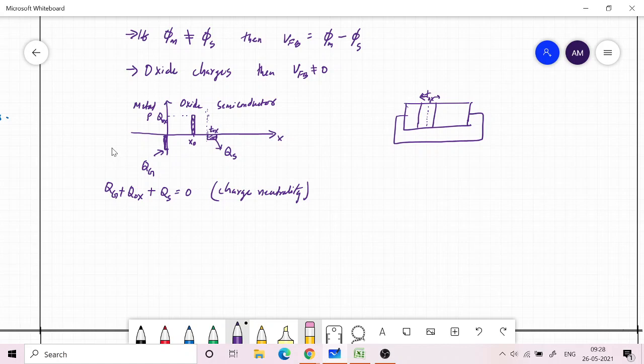Now if I proceed, I don't know how much is QG and how much is QS. I cannot say that they are equal, or that they are half of it. No guarantee. It depends on various things. How far is x0 from the origin? If x0 is nearer to the metal, then QG is going to increase and QS is going to be small. If x0 is nearer to the semiconductor interface, then QS may be larger. So there are various factors that decide the relative magnitude of QG and QS.